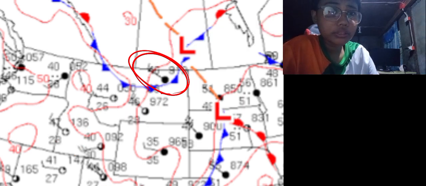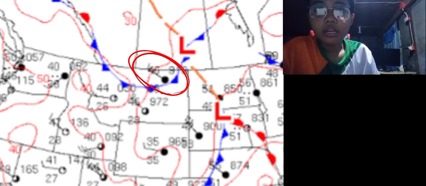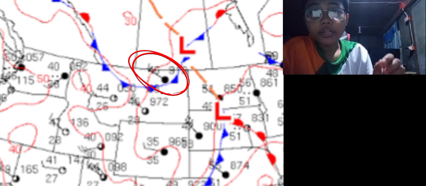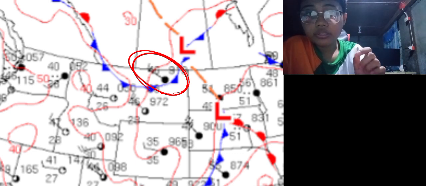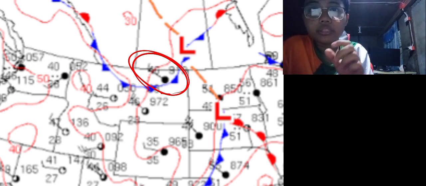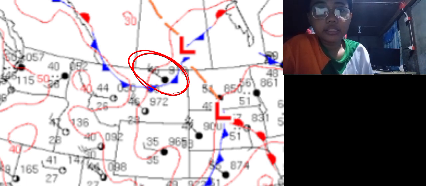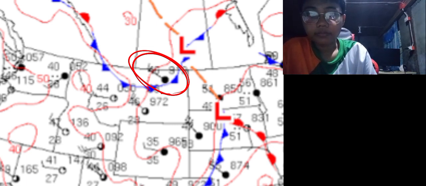But what do these wind barbs mean? I want you to observe closely. The direction where the stick points is the direction where the wind is coming from, and the flags on it indicate the wind speed.